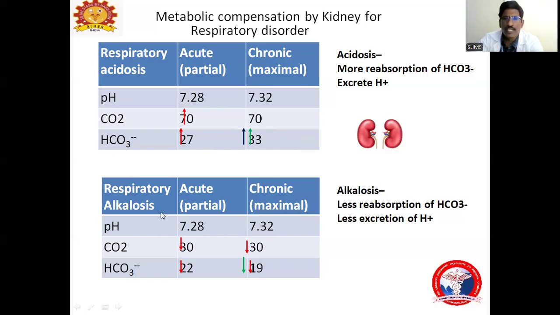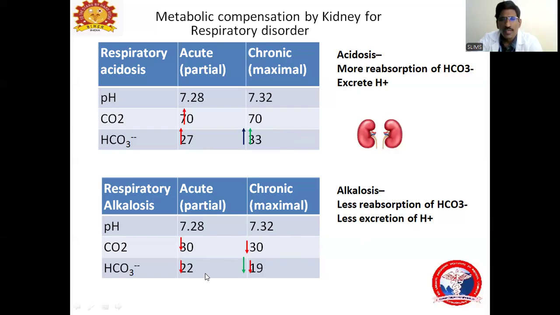Similarly, when you take respiratory alkalosis, there is low carbon dioxide and low bicarbonate. So how can the kidney compensate? Already there is less hydrogen ion. So you either excrete more bicarbonate or retain hydrogen ion concentration to compensate.